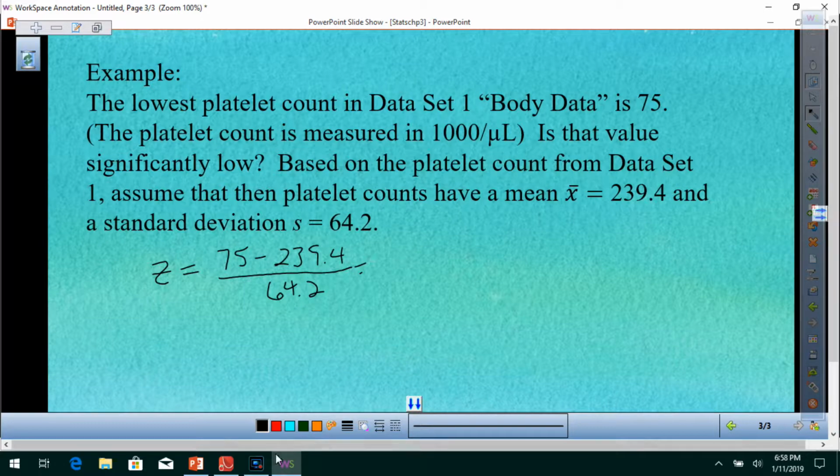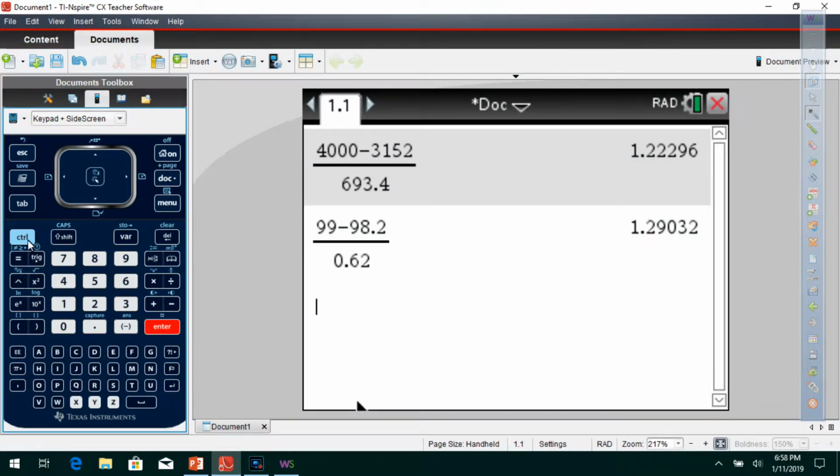Let's go to our calculator, control, divide, and we have 75 minus 239.4 over 64.2.